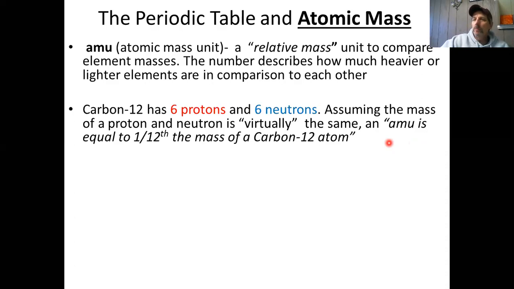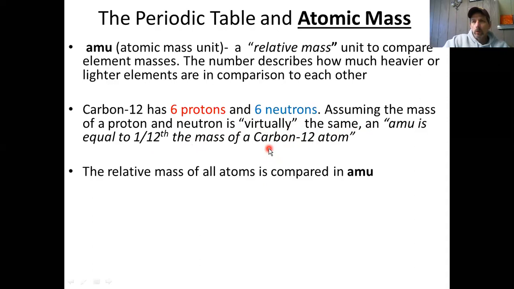If we can assume that, we can say that one AMU is the same mass as a proton or a neutron. Generally, it will get us to the understanding that we need. Some people like to define it as 1/12 the mass of a carbon-12 atom, because a carbon-12 atom has 6 protons and 6 neutrons. And if they are equal in mass, that means 12 atomic mass units, 12 AMU.